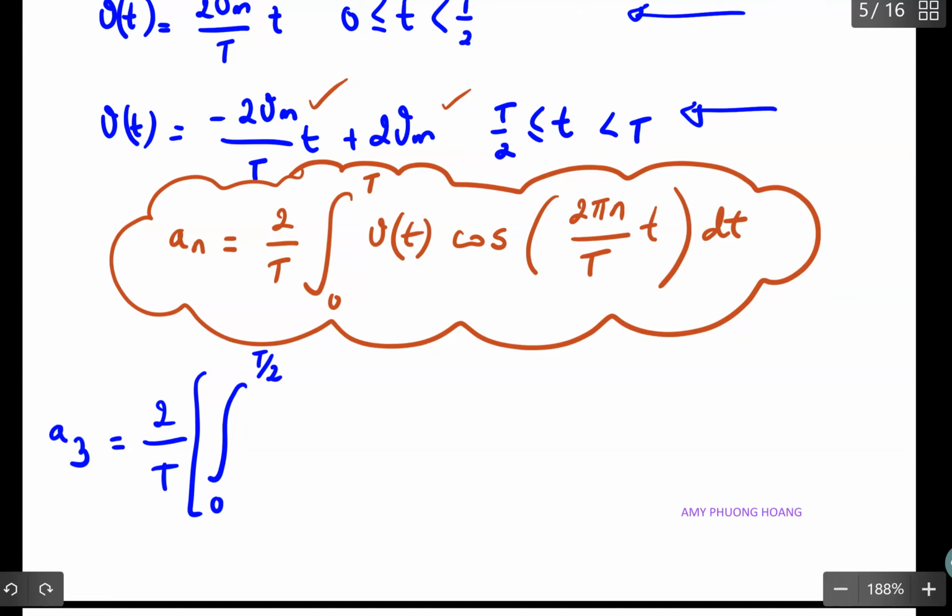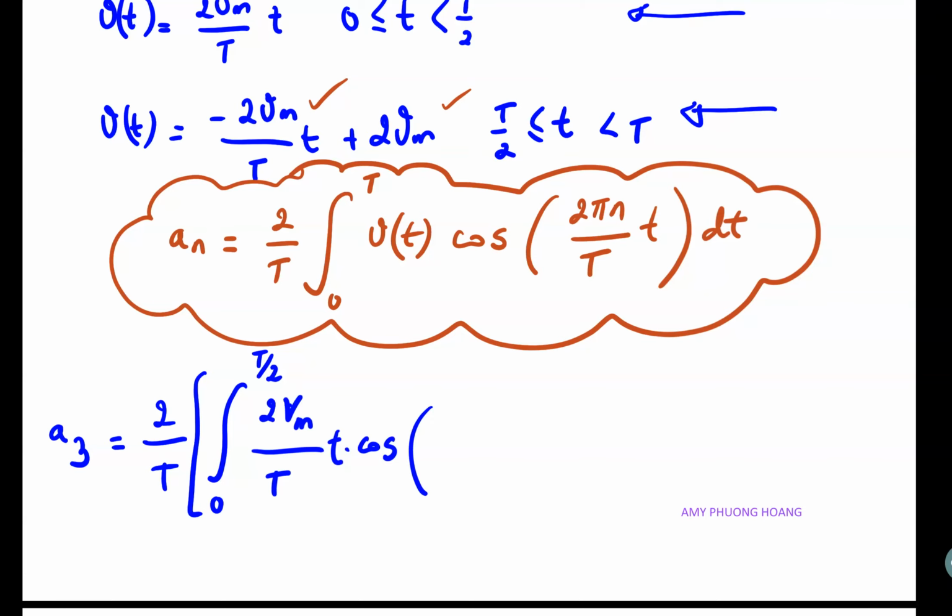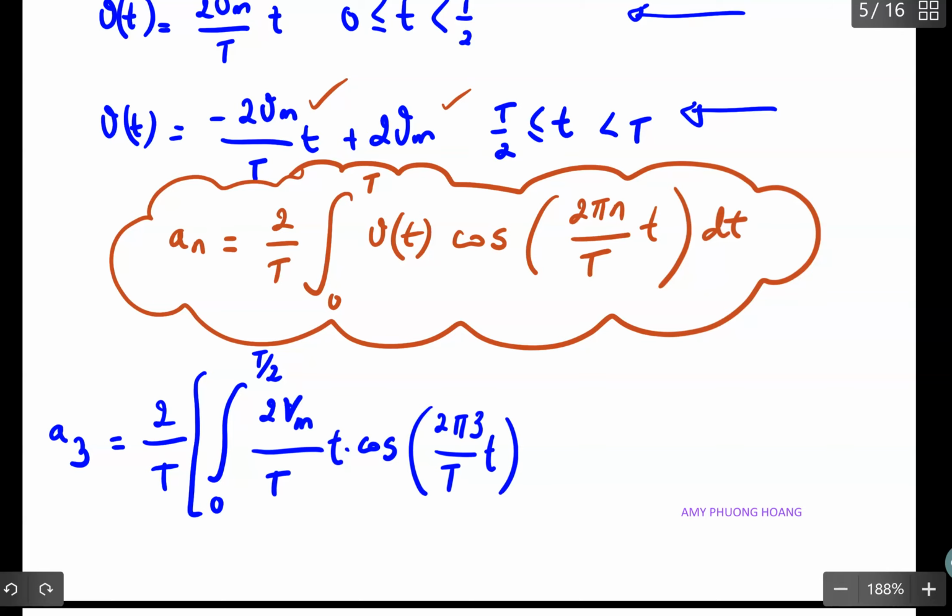I will have 2Vmax divided by T times t, times cos of, instead of n, I will write 3, so 2 pi 3 over T times t, and here is my dt.